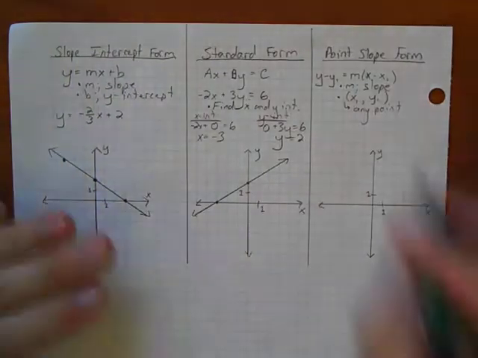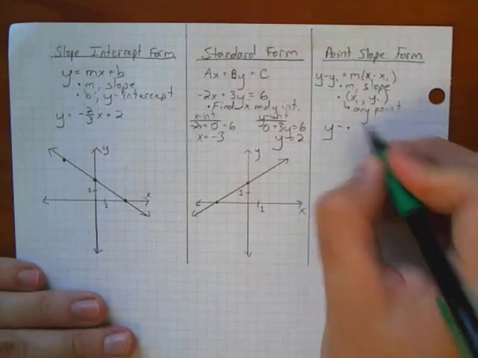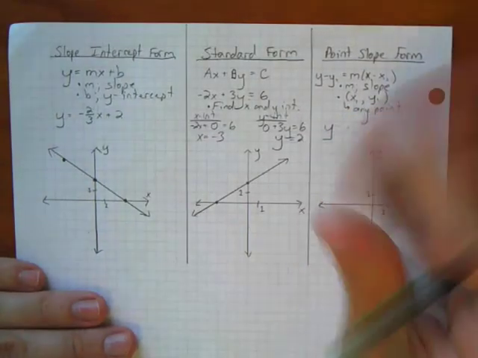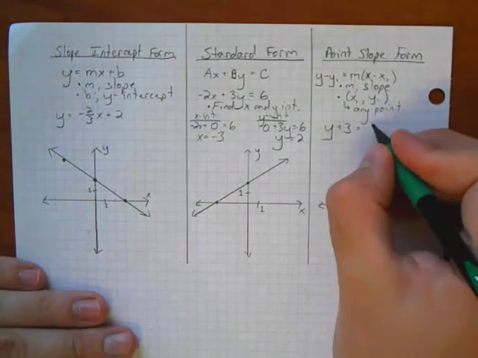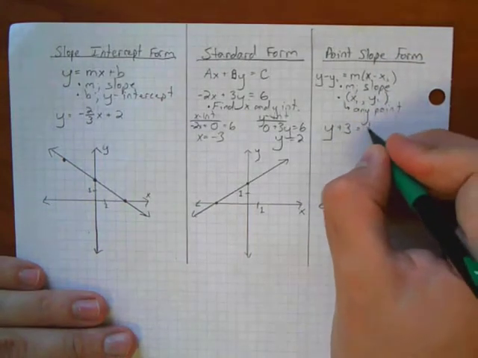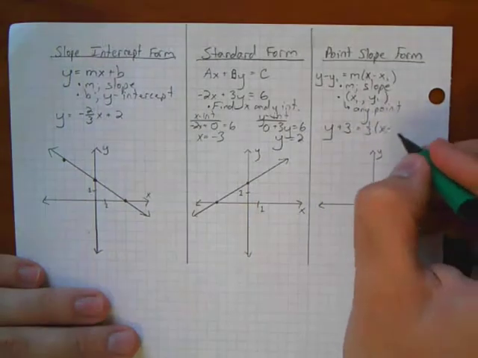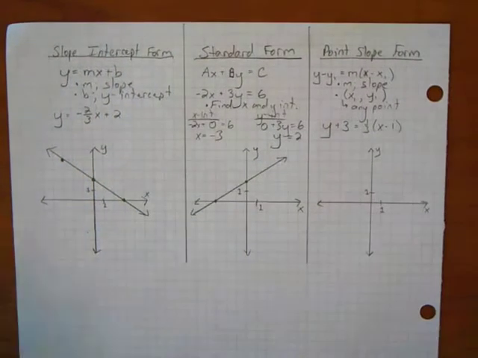So for example, let's say we're trying to graph this particular equation. Y plus 3 equals 1/3 times the quantity x minus 1. All right.